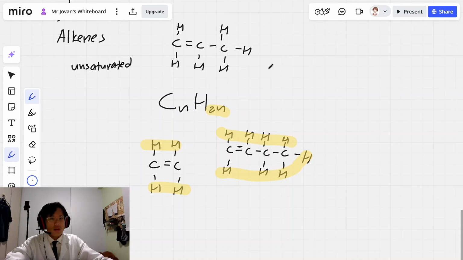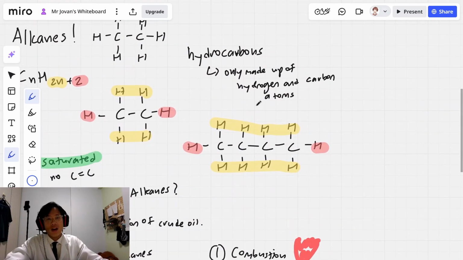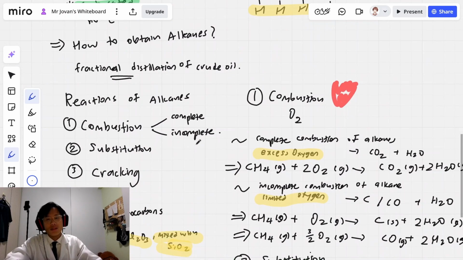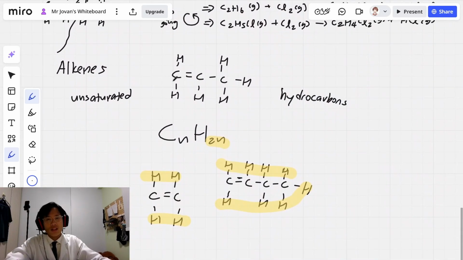Just now we learned the term hydrocarbons. Tell me, are alkenes considered hydrocarbons? Remember the definition of hydrocarbons? Hydrocarbons are only made up of hydrogen and carbon atoms. That means alkenes are also hydrocarbons because they only have carbon and hydrogen atoms.